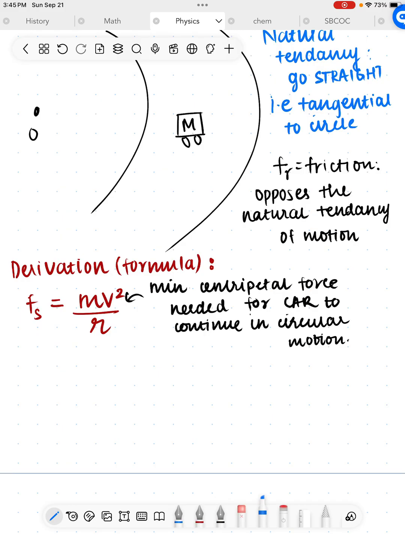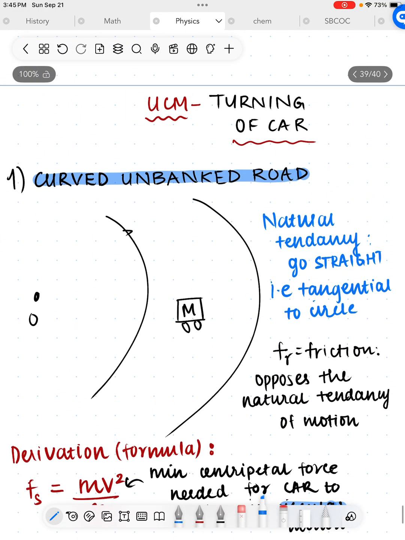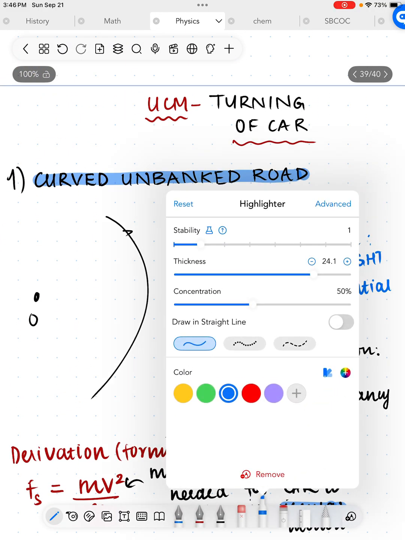Sorry, this word is important here, circular motion. This is the minimum centripetal force needed for the car to continue in a circular motion, right? Is it clear what I'm telling?